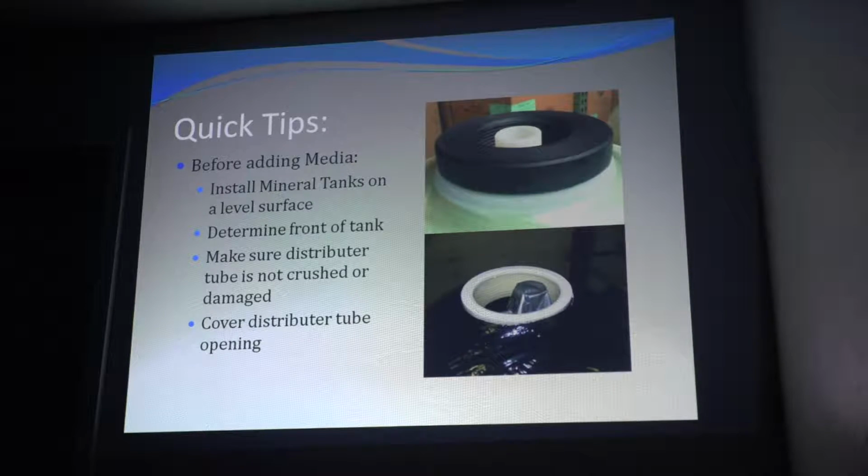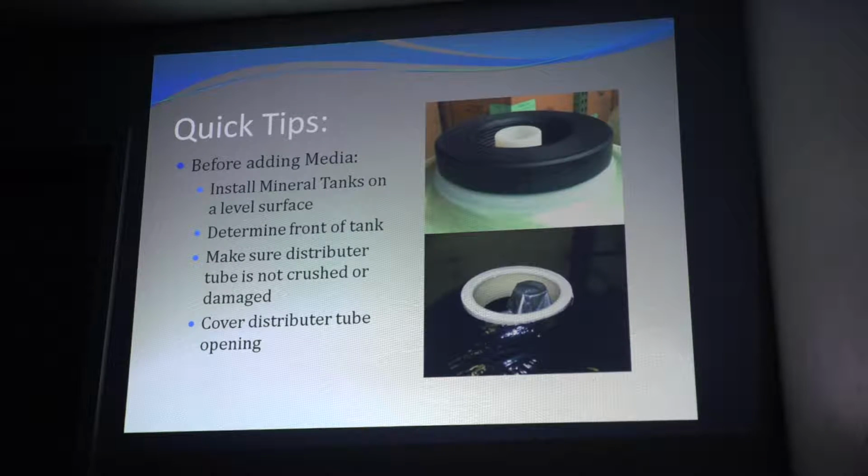Also, this is for our dealers: if you receive a system from us, the control valve is not on it. On a larger tank, you want to set it in place and identify where the front of the tank is before you fill it. So we ask that the customer put the control valve on, snug it tight, and take a magic marker and mark the front.